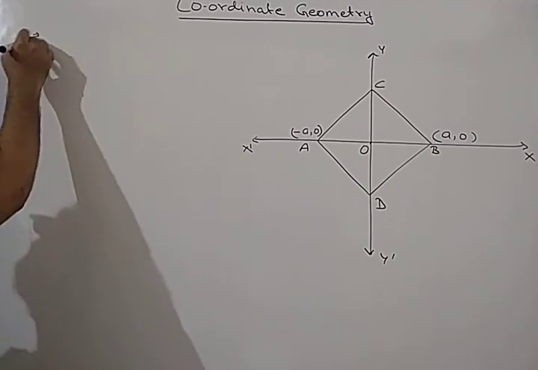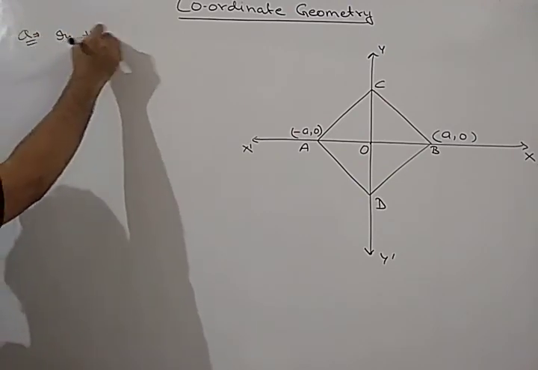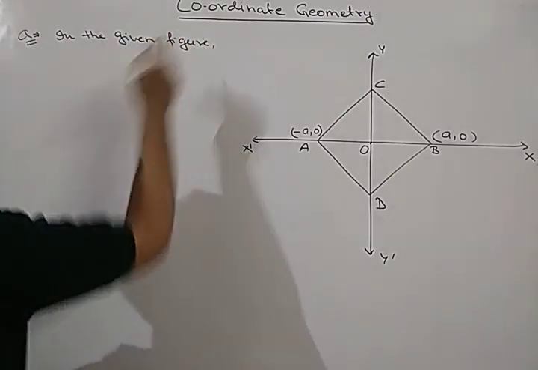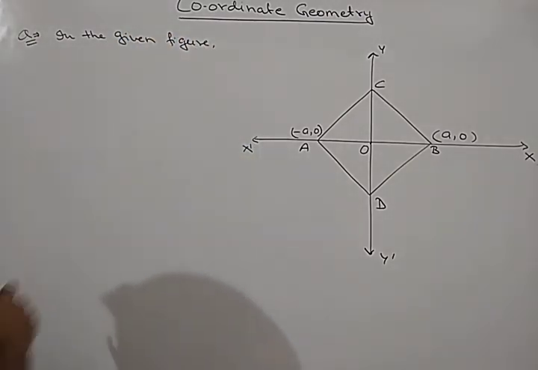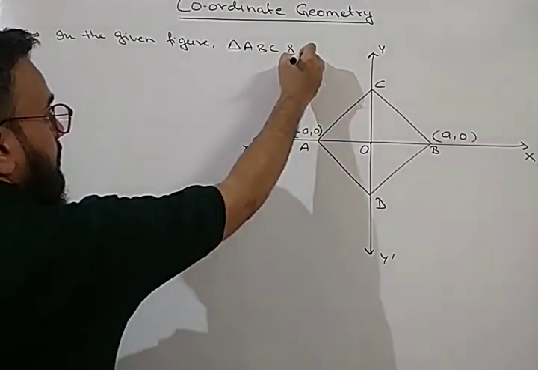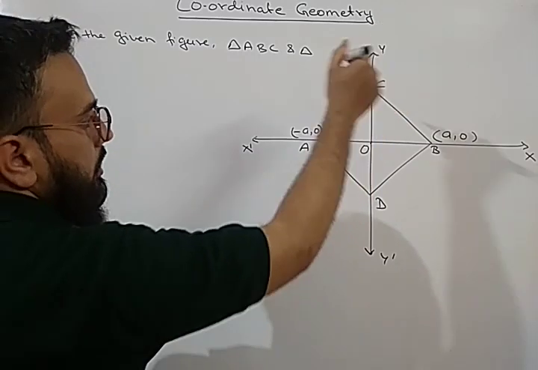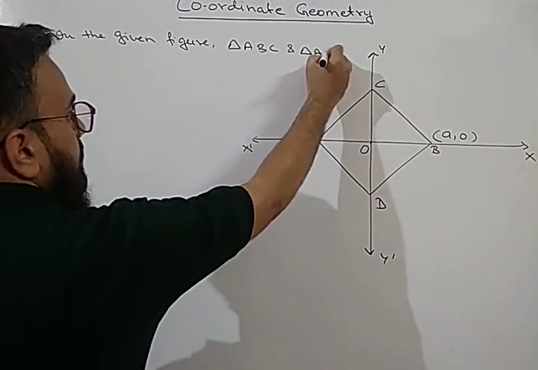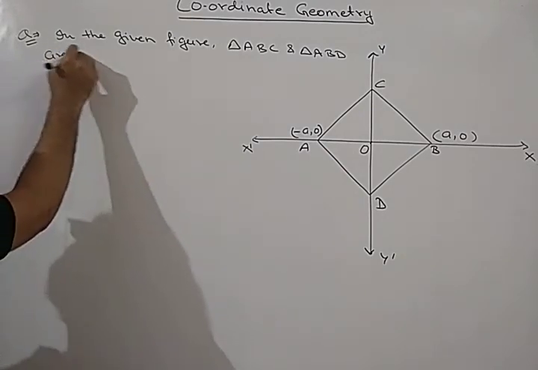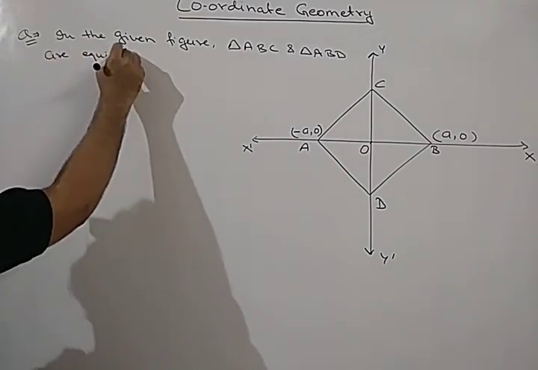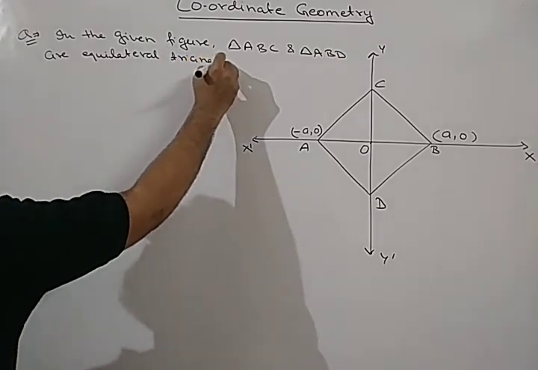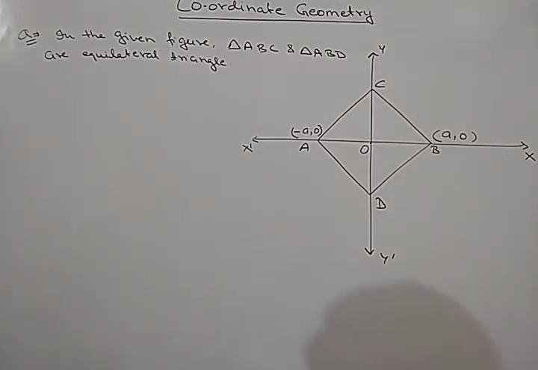The question is, in the given figure, triangle ABC and triangle ABD are equilateral triangles.